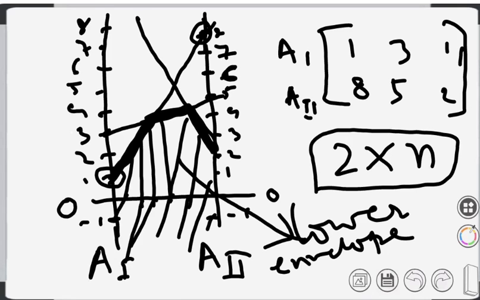And the highest point of the lower envelope is the maximum. The highest point is this point, the highest point of the lower envelope.